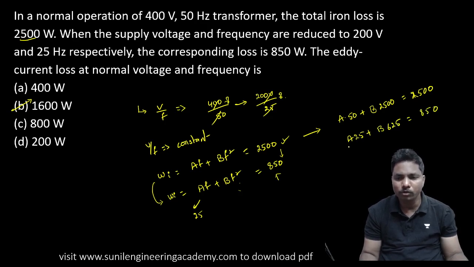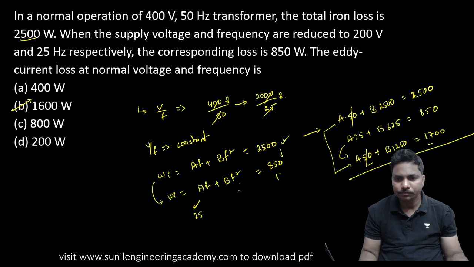So you need to multiply by 2. Then 50A plus 1250B is equal to 1700. So from these two you need to solve, then you will get the answer. 1250B is equal to 800, no? So then what is B? B is equal to 800 by 1250.